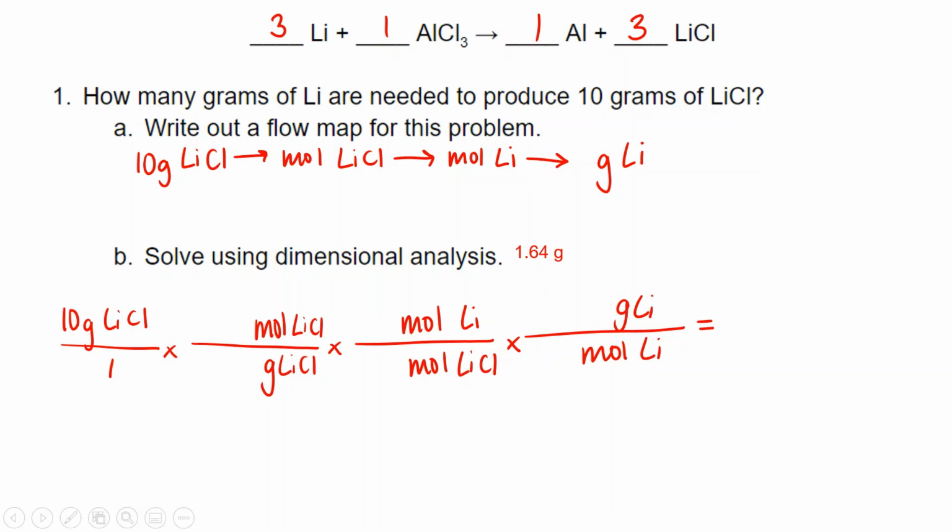So my first conversion factor here is grams and moles of lithium chloride. So I'm going to need the molar mass of lithium chloride. 1 mole of lithium chloride weighs 42.4 grams. Next we have moles and moles, so that's my mole ratio. So that's 3 to 3 in the chemical equation.